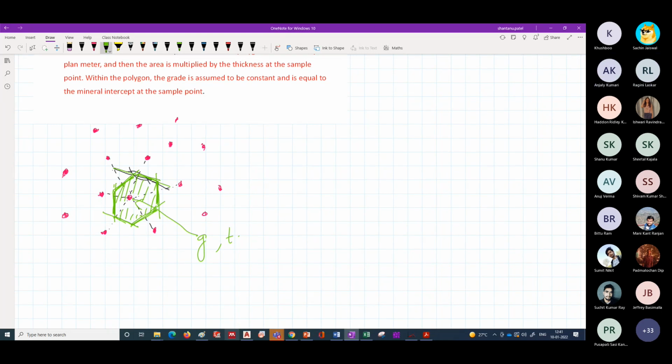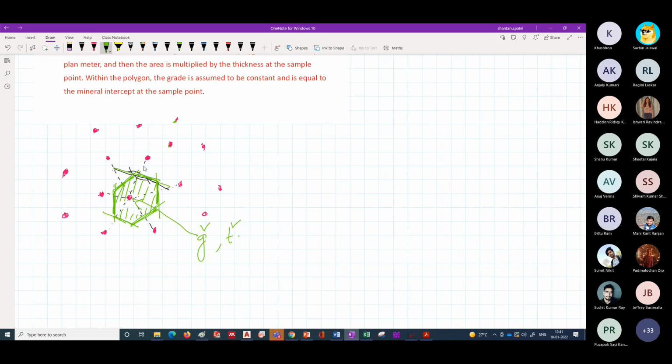Yes. The first thing is we drill these holes, take the cores out, and get the grade and thickness at different locations. Then we want to calculate the total amount of ore in this area. For that, what we can use is the rule of nearest point.